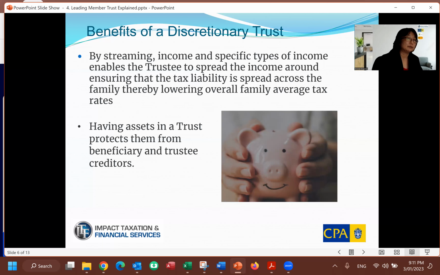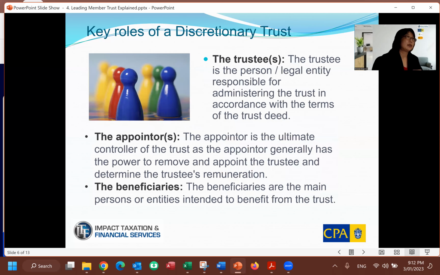So in a family breakdown, in a divorce situation, on some occasions the family court can still go through the trust structure to get the couple to distribute assets in the trust structure. That can happen, but even with that, it doesn't change the fact that a trust is still a good structure to help a family protect family assets.